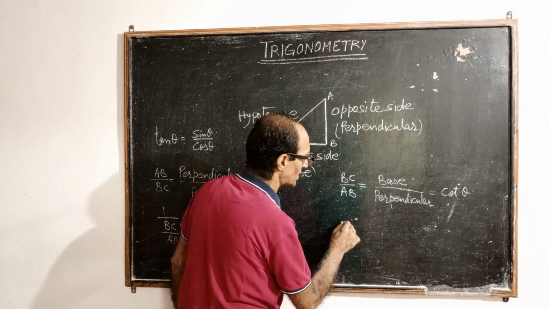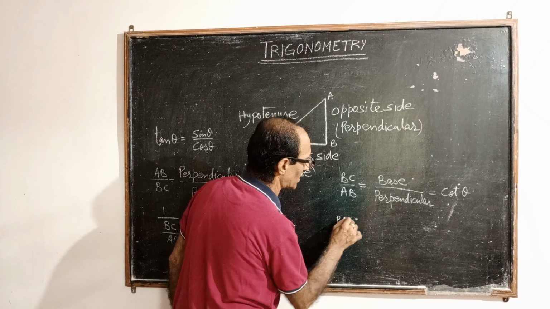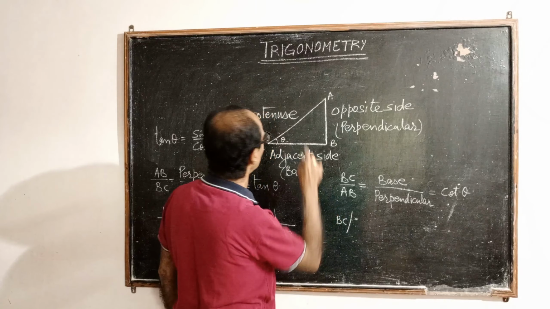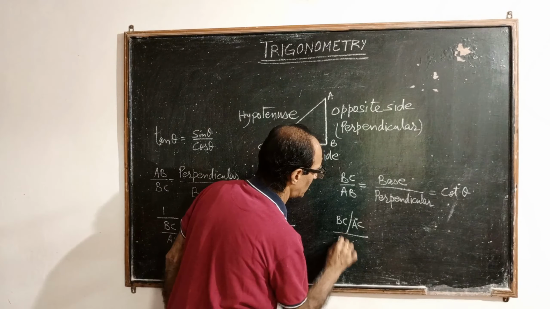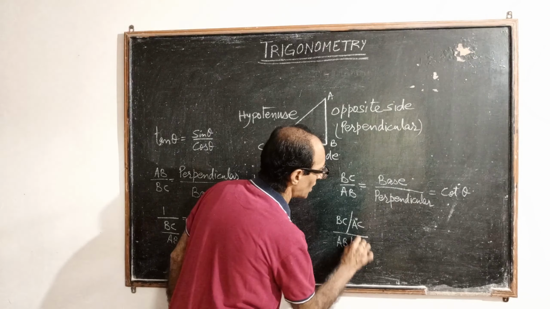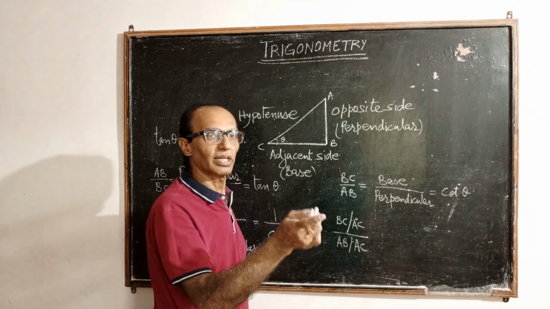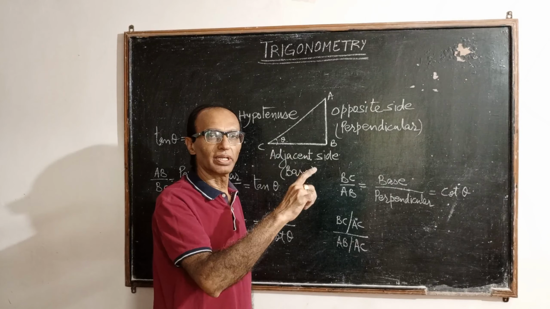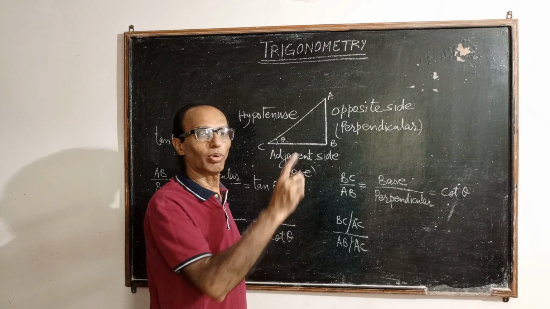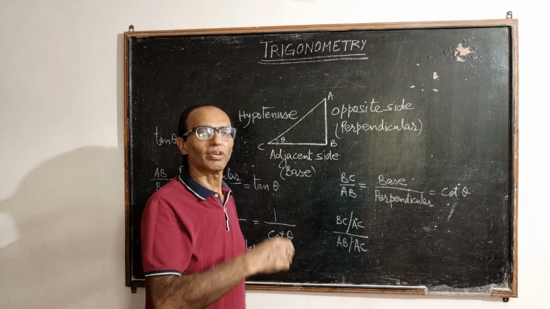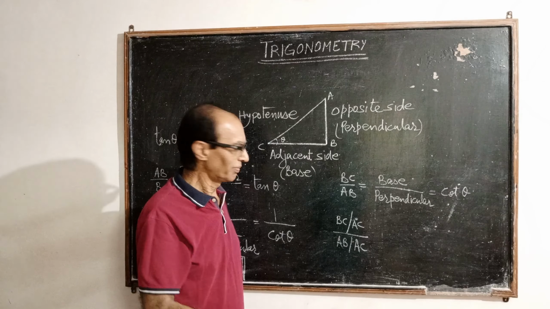What we get is BC divided by AC and AB divided by AC. We can divide any number by the same expression both in numerator and denominator.